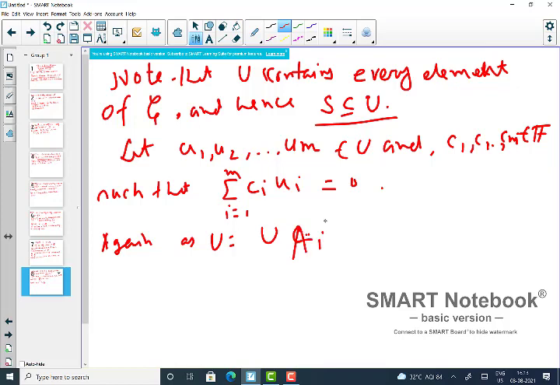Maybe ai's belong to C. There exist some a1, a2, ..., am inside C such that ui is an element of ai. That means u1 is inside a1, u2 inside a2, ..., um inside am, right? I'm just numbering this.